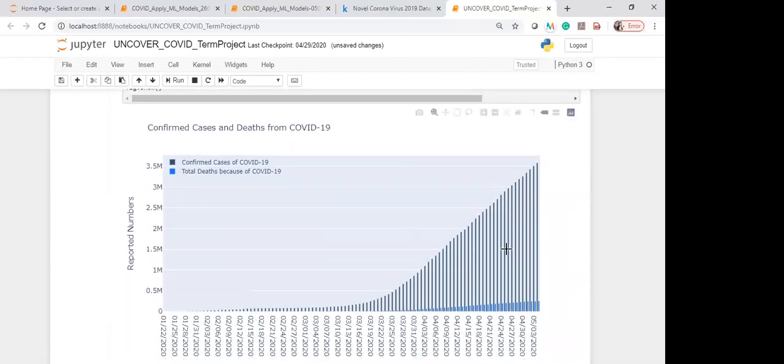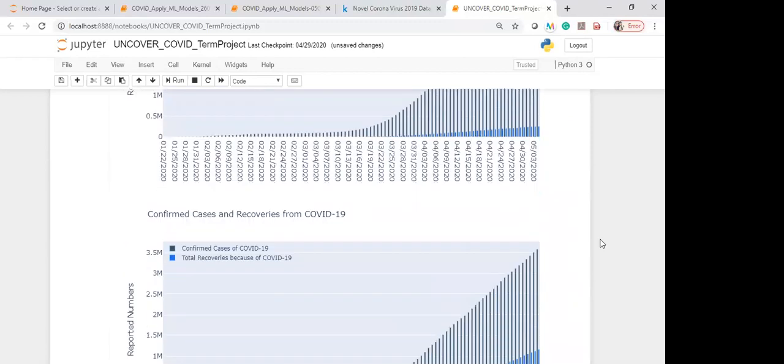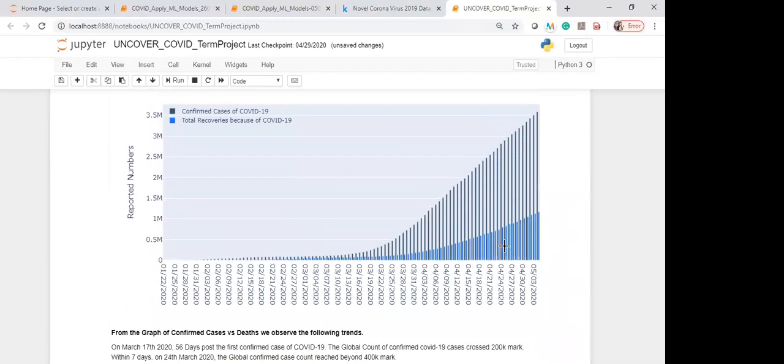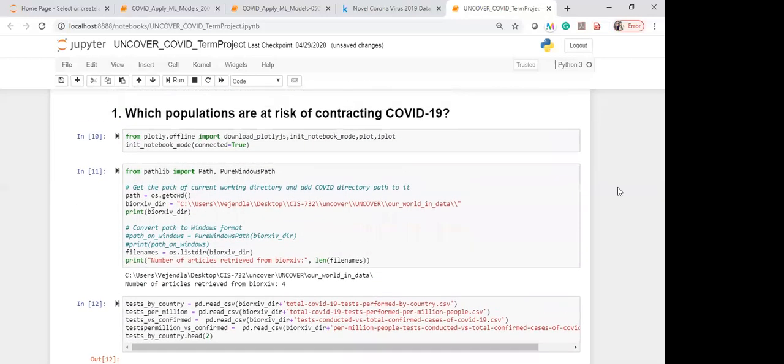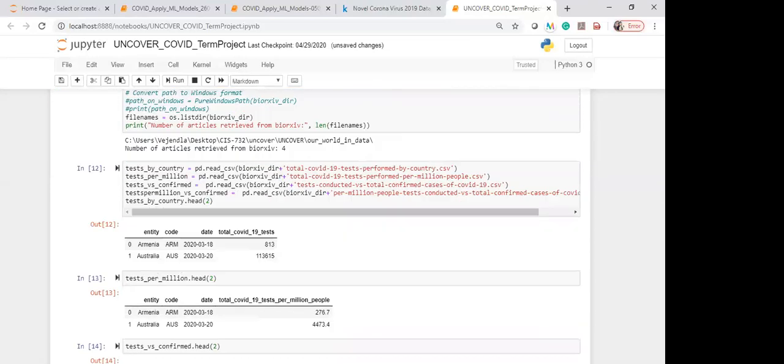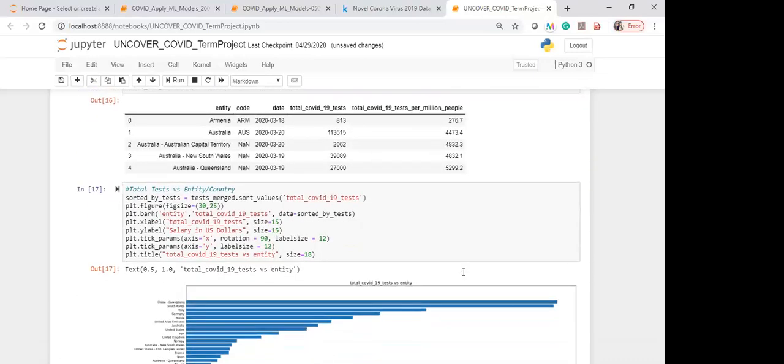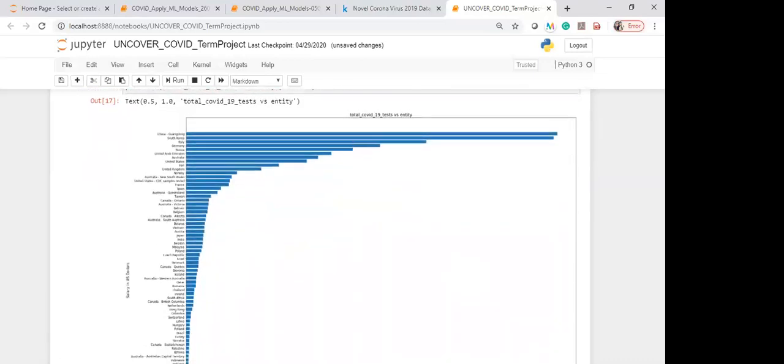These are the confirmed cases compared to the deaths, and these are the confirmed cases compared to the total recoveries. As we can see, the recoveries are more than deaths, which is good. And the population who are at greater risk. These are the list of the countries who are at the top of the list.